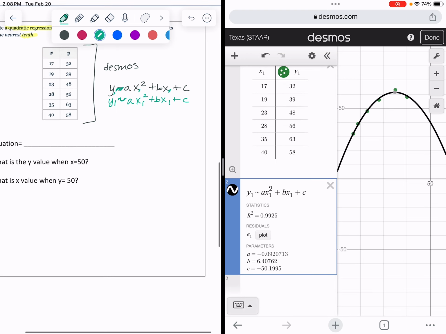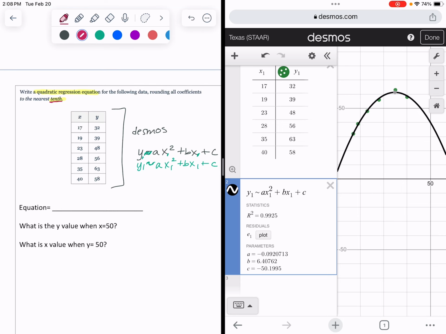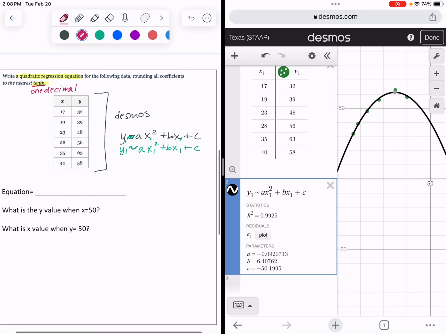And so since it says round to the nearest tenth, tenth is 1 decimal place. And so our a value would be negative 0 point, and then 0.9 would round to 1. And then our b value and our c value.